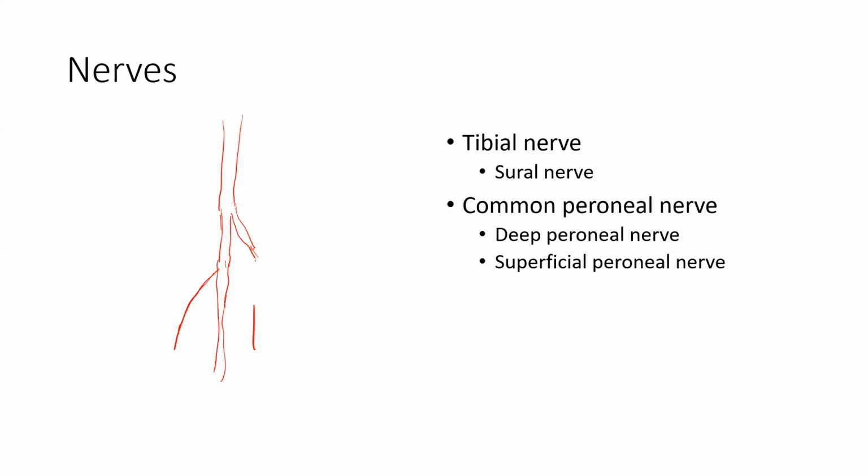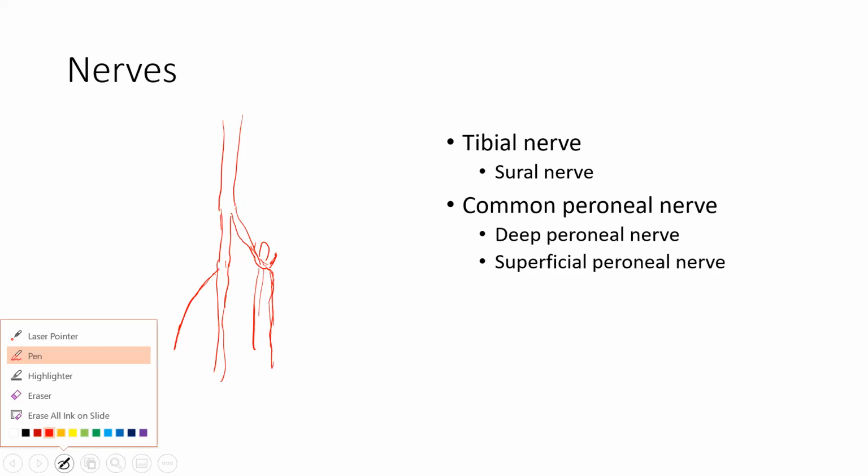Then the common peroneal nerve turns around the neck of the fibula, and within the peroneus longus, it divides into two, the deep peroneal and the superficial peroneal. The superficial peroneal travels in the lateral compartment, and the deep peroneal nerve enters the anterior compartment and travels with the anterior tibial artery.